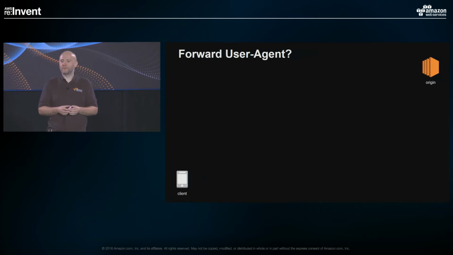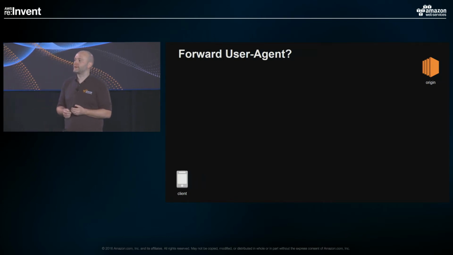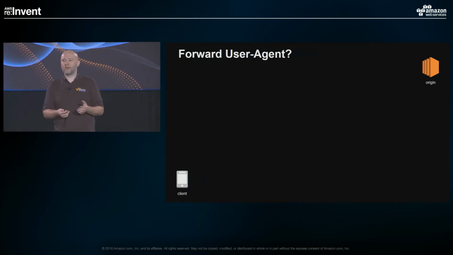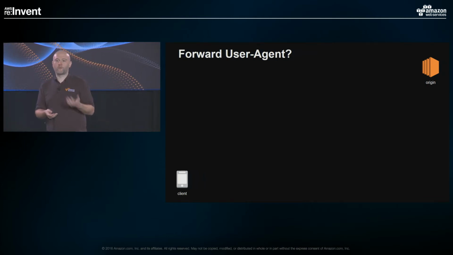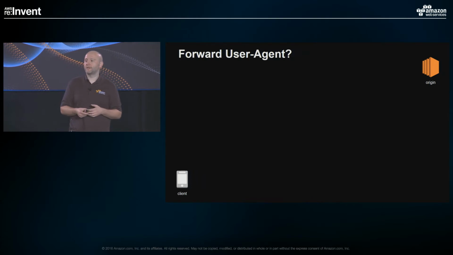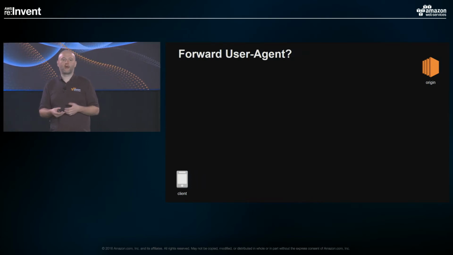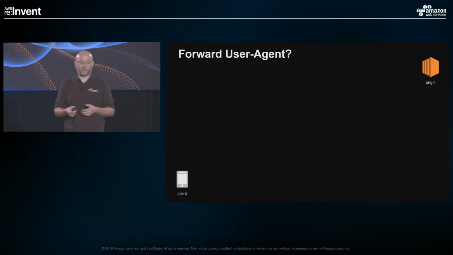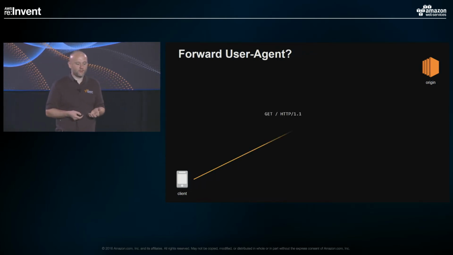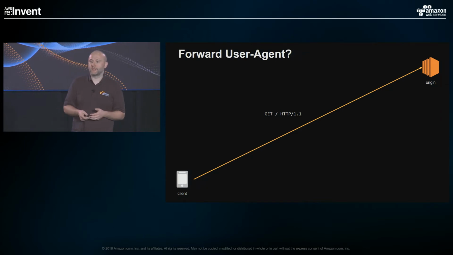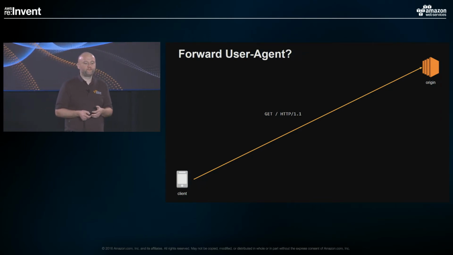So sometimes it's common to want to forward the user agent string. Quite often the web server needs to understand the type of operating system or the type of device, whether it's a mobile device, a tablet, a desktop, etc. So let's say we're going to forward the user agent string. So we do a request against the origin in this case.